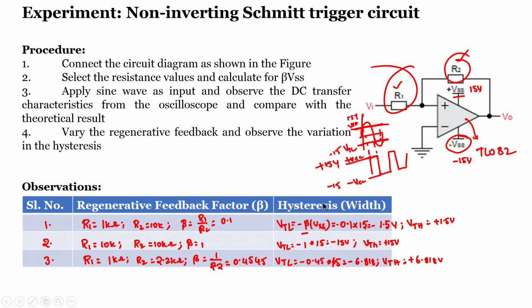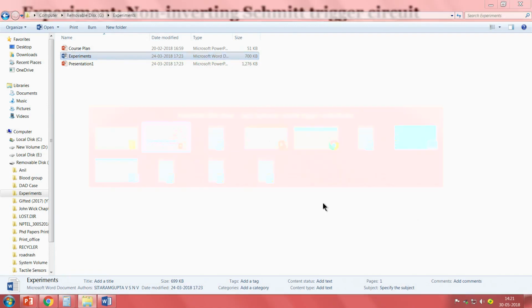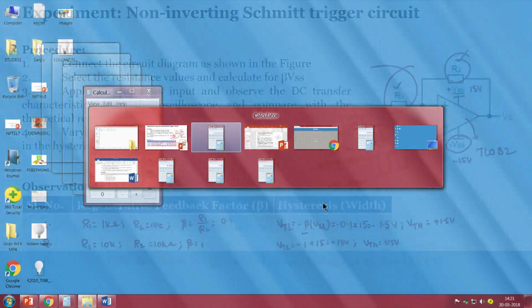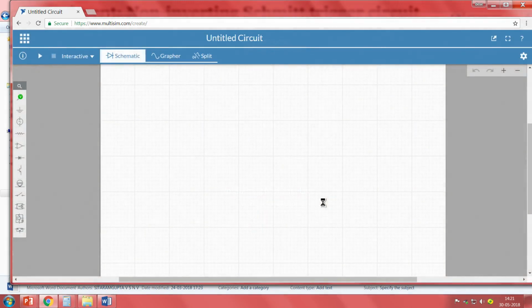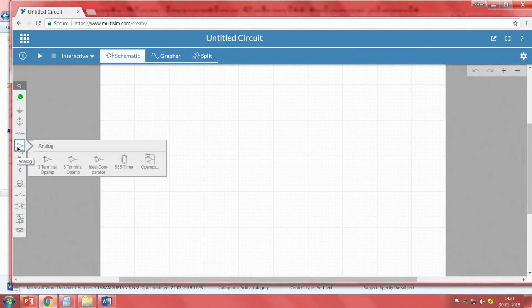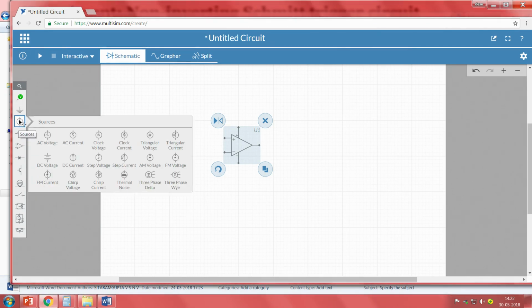Now, when I look into the simulation, we will open NI Multisim. First thing is we have to take an op amp. I will go to the op amp, this is the analog palette. In this you have a 5 terminal op amp, and I am placing the 5 terminal op amp here. Now, I have to provide the plus VCC and minus VCC to the op amp.